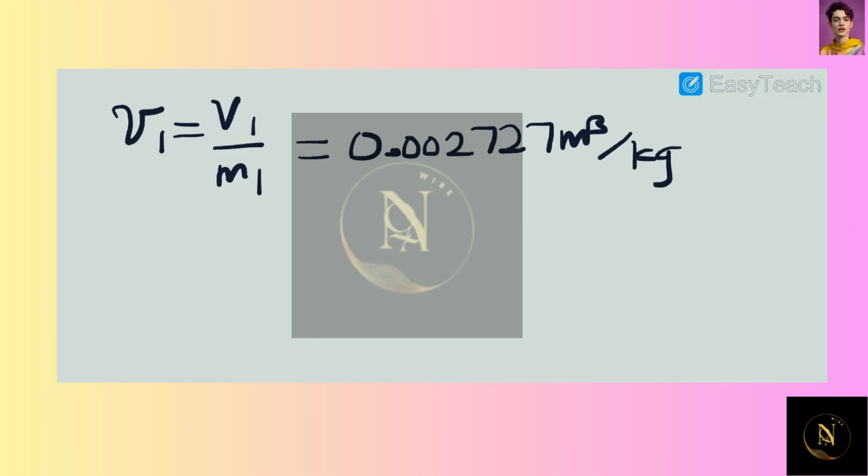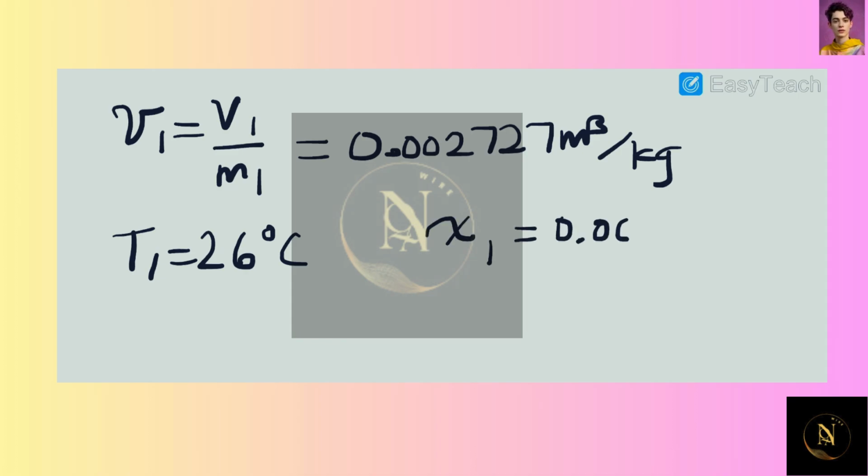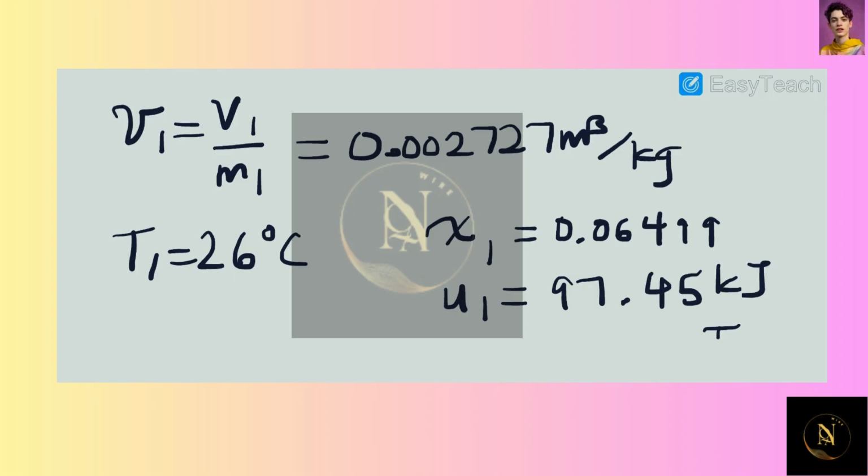Next, what we can do is use the specific volume and with our initial temperature equal to 26 degrees C, this defines our initial state, and we can get our quality and our initial internal energy. So by using these two pieces of information, we can determine that our quality will be equal to 0.06499, and our initial specific internal energy will be equal to 97.45 kilojoules per kilogram.